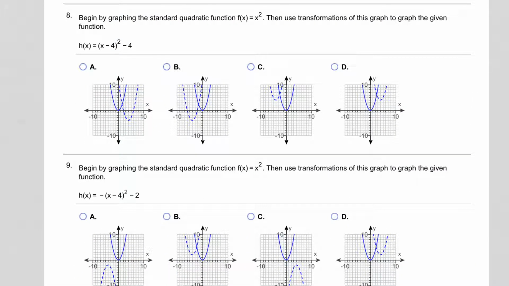All right, number 8, we have a vertical shift and a horizontal shift to the right. And they're both by 4. So to the right and down would be A. To the right and down.